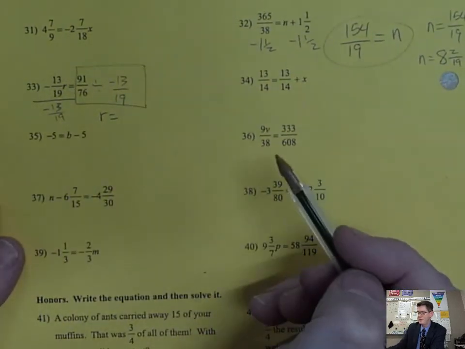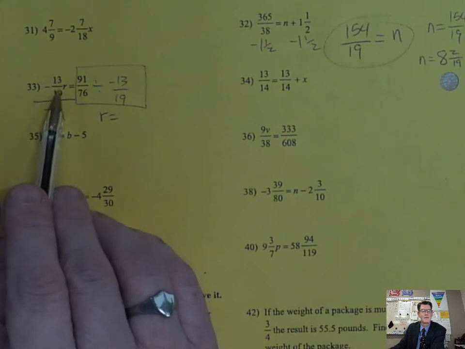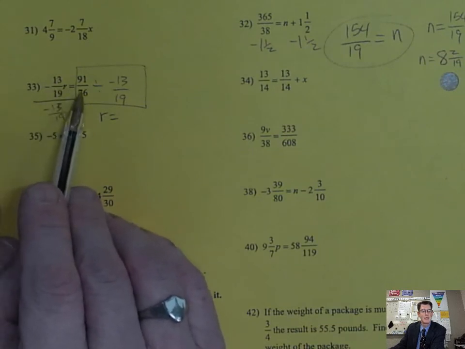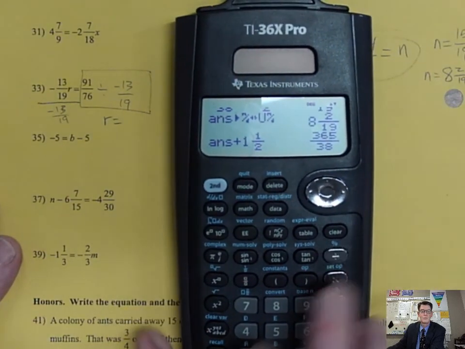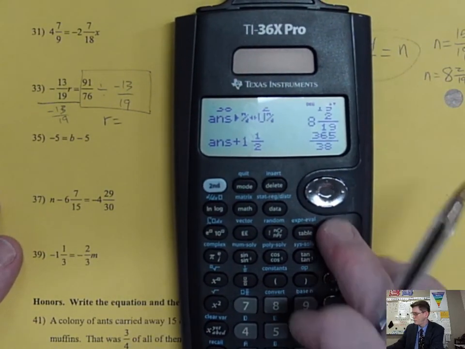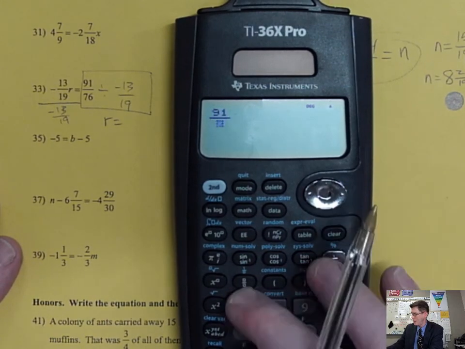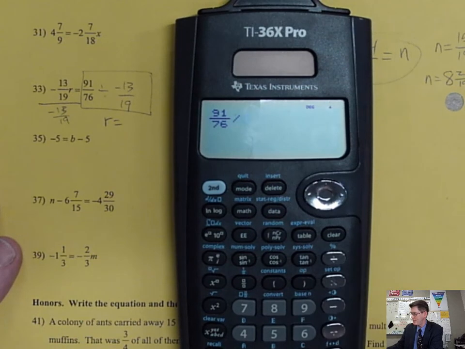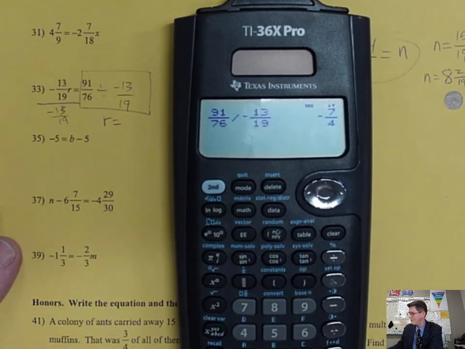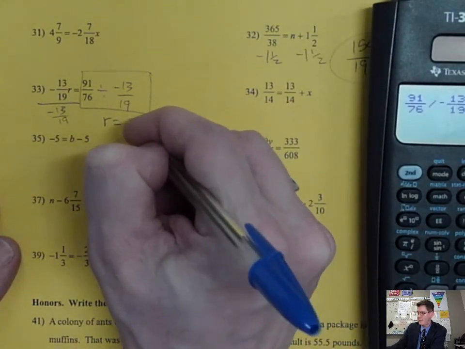And then you can put the number back in there, negative 13/19 times that number, see if you get this. Negative 7/4. So r is negative 7/4.